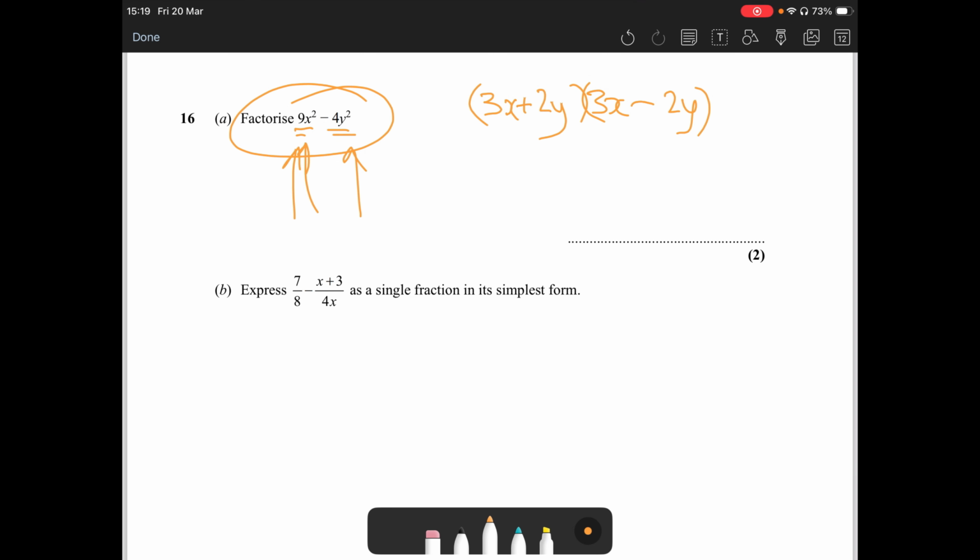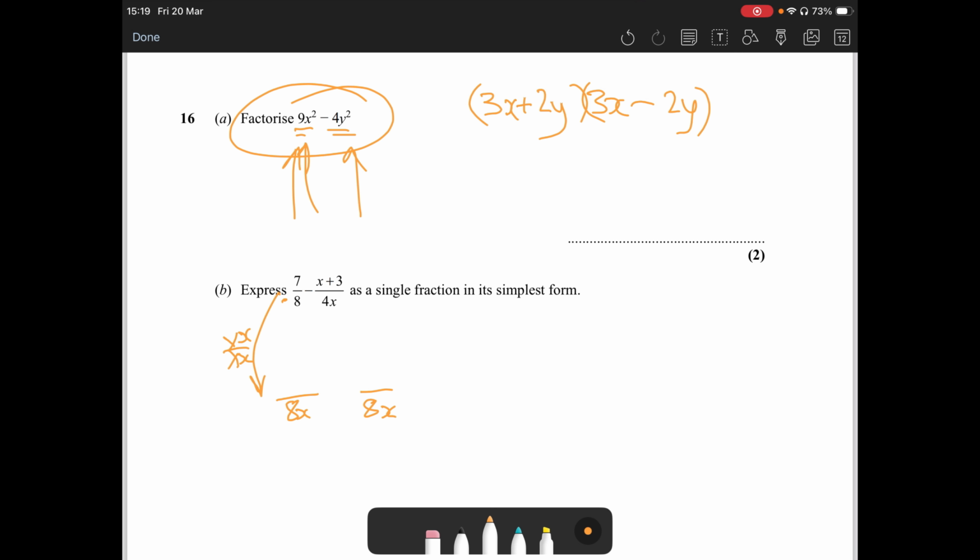Okay, here we've got to bring the fractions together. So the common denominator is going to be 8x for both, right? Because numerically the lowest common multiple is 8, but you've also got to think about the denominator on the right being x. So they both have to also have x in the denominator. Meaning, multiply the first fraction top and bottom by the letter x.